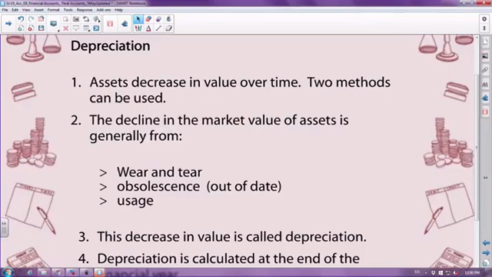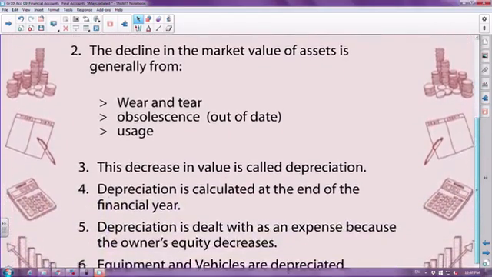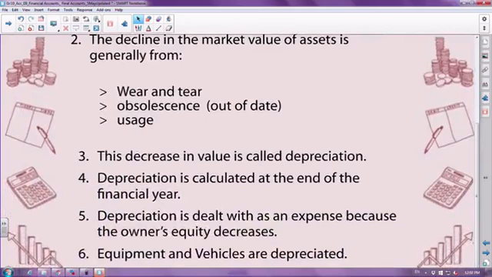Number two, it's the decline in the market value of an asset. It's normally because of wear and tear, obsolescence, it's getting too old to use, or we're using it too much, and therefore it loses value. The last couple of notes: this decrease is called depreciation, and that will be an expense for the current year.